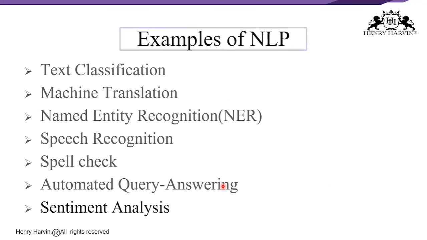Let me also tell you, we are going to do a lot in this NLP. Let me give you some interesting examples of NLP: text classification, machine translation, named entity recognition, speech recognition, spell check, automated question answering, sentiment analysis.